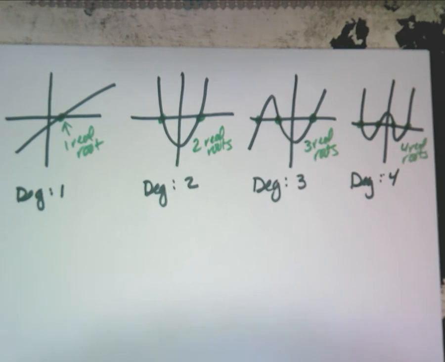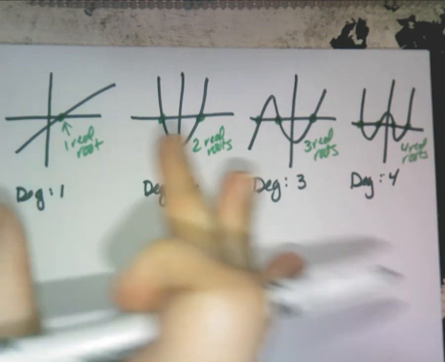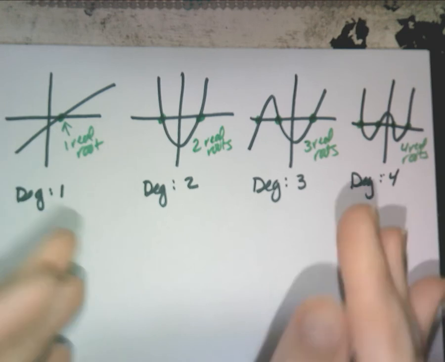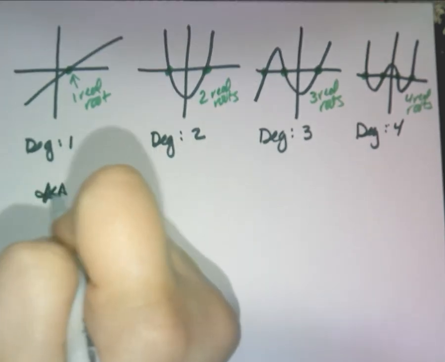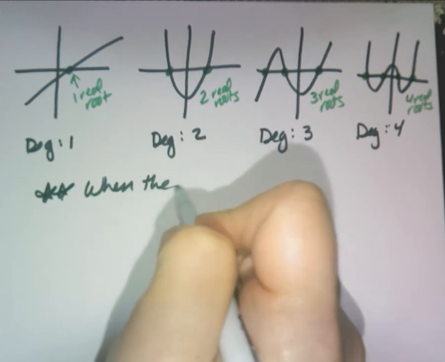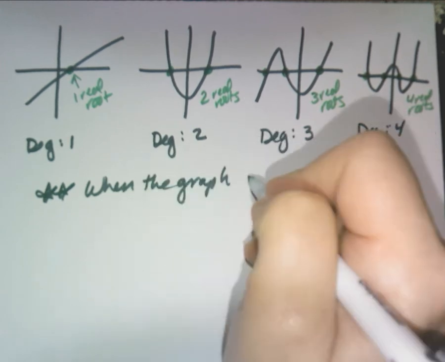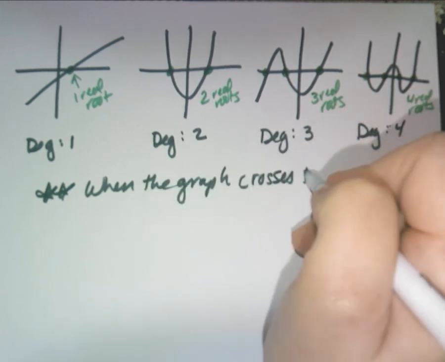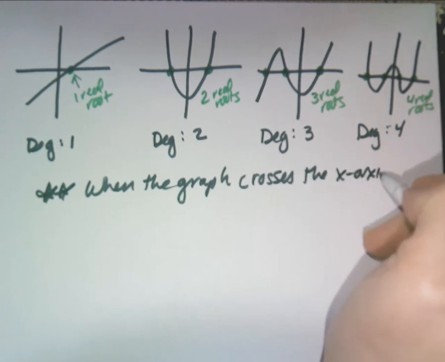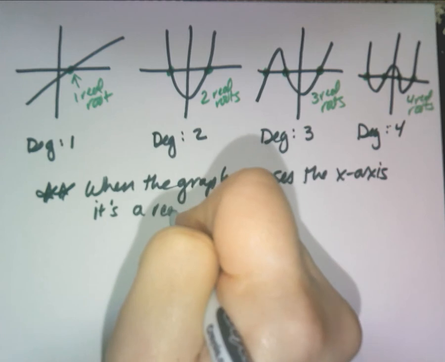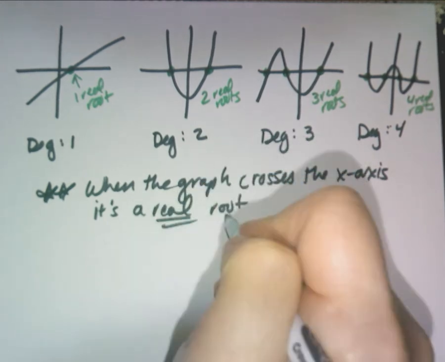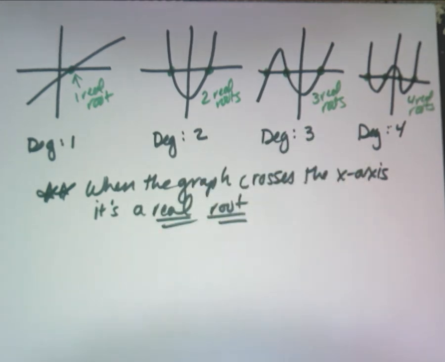Now, obviously, they're not always going to cross the x-axis. But when they cross, and this is what I want you to write down: when the graph crosses the x-axis, it's a real root, meaning it's not imaginary. It is a real number.